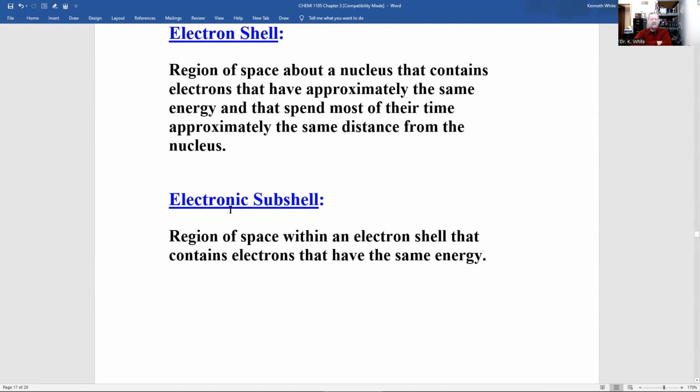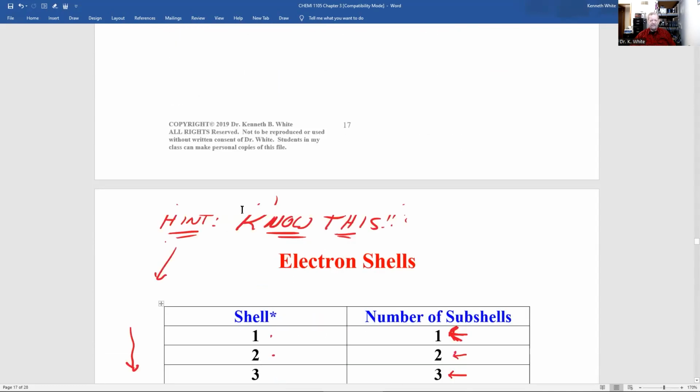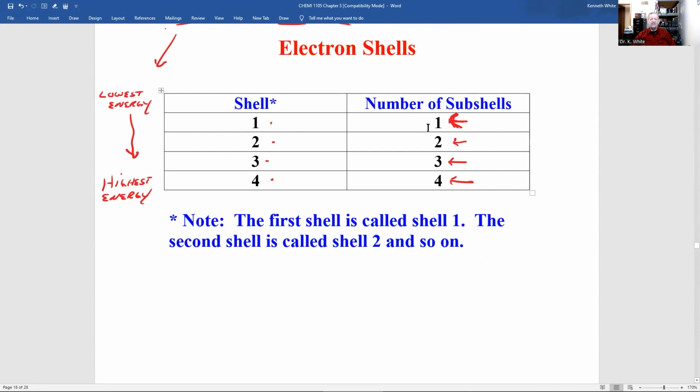That's the region of space within the electron shell that contains electrons that have the same energy, which means shell 1 has only 1 subshell with electrons of the same energy and distance from the nucleus. Shell 2 has 2 subshells where you have your electrons in shell 2.